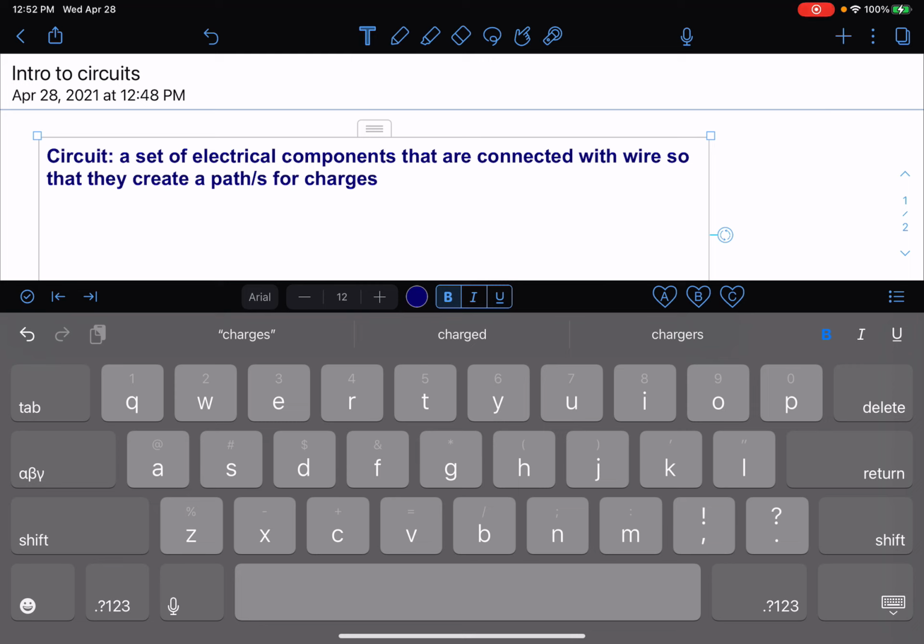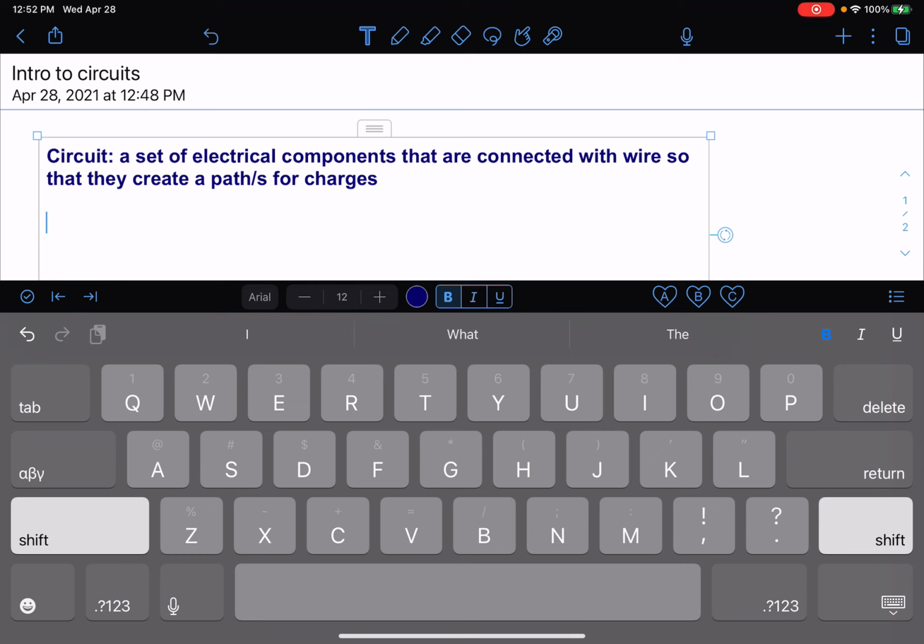A circuit needs to have two things. It needs to have a source of potential difference in energy.